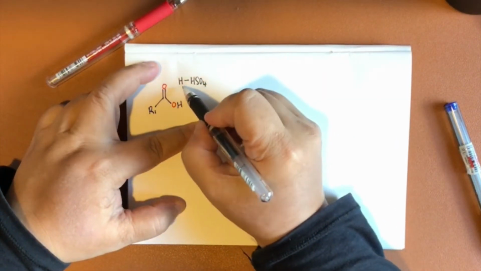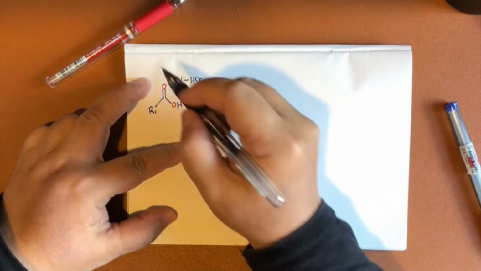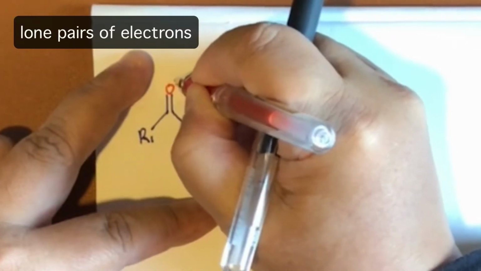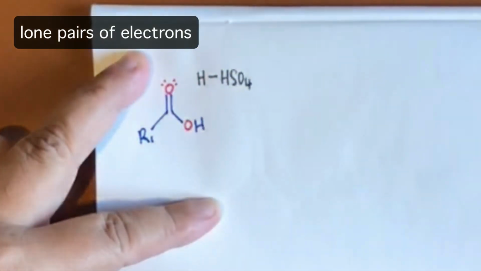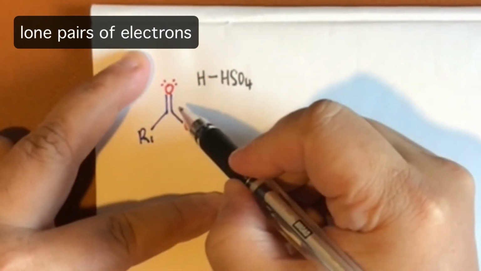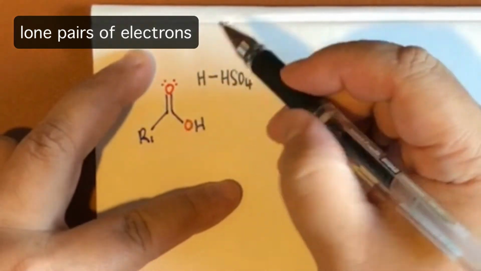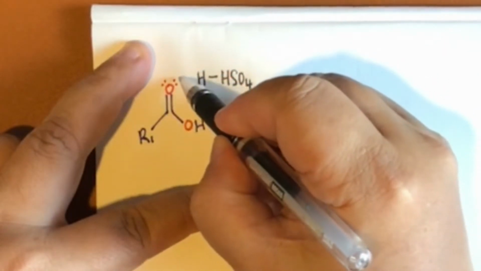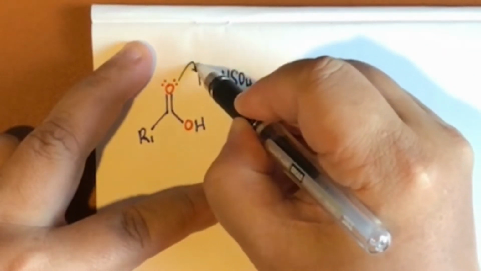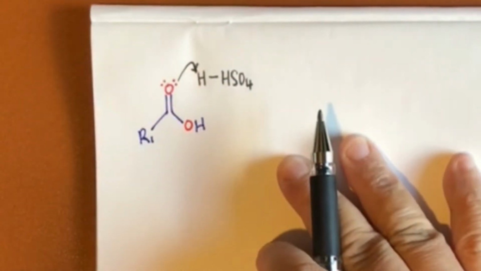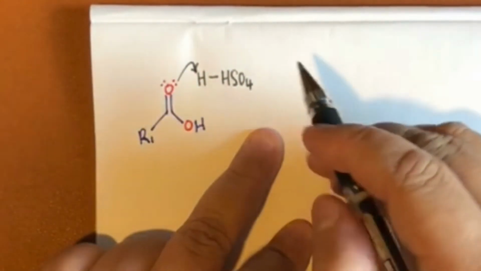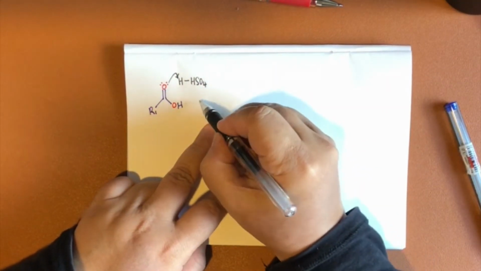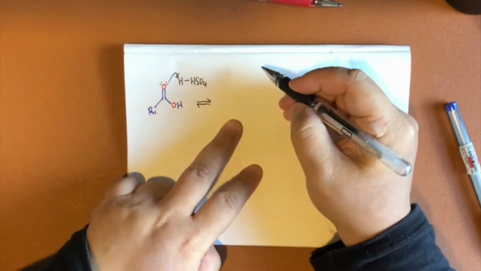So since there are two lone pairs on the oxygen of the carbonyl of the carboxylic acid, it will pick up the hydrogen from the sulfuric acid.